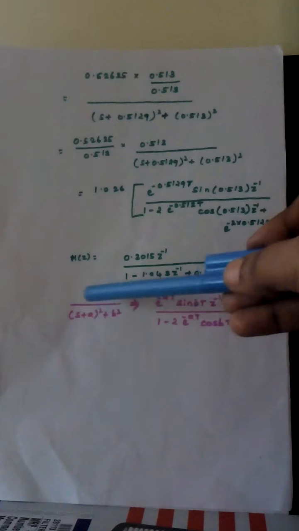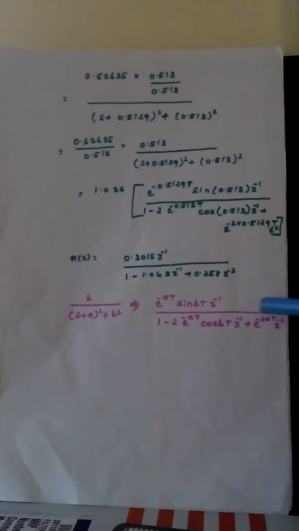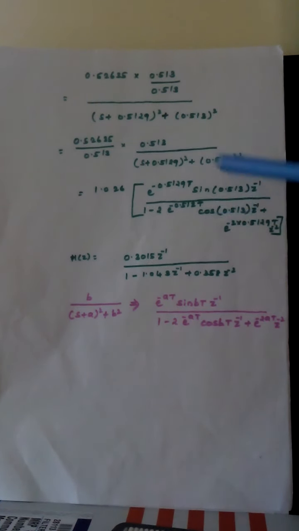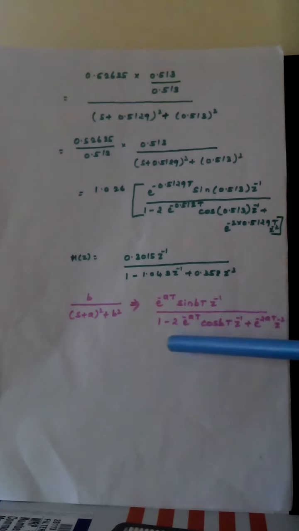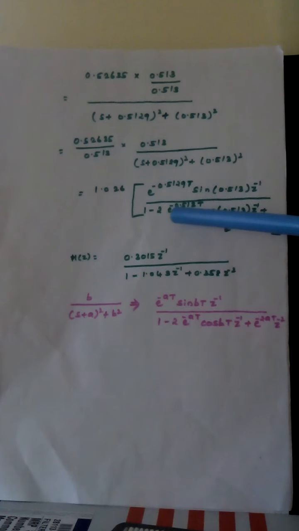So this s will be converted into z. This is your formula, so directly we can write it. We know the a value: a is 0.5129, b is 0.513. So it is e to the power of minus a T, sin b T, into z to the power of minus 1, divided by 1 minus 2 e to the power of minus 0.512 T, cos b T, into z to the power of minus 1, plus e to the power of minus 2 a T, into z to the power of minus 2.